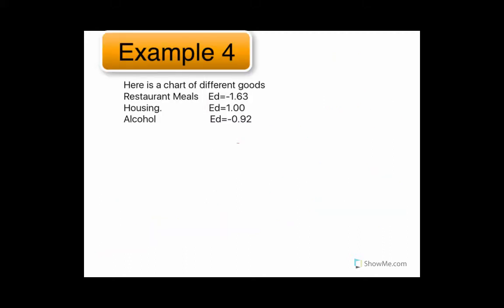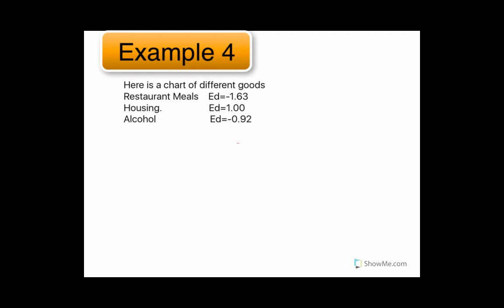Here we're going to take a look at this little chart. This is actually real world examples. As you can see, the restaurant meals elasticity of demand is -1.63. So that's fairly elastic. For every 1% change, there's going to be a 1.63% change in quantity demanded. Now looking at houses, we can see that there's a 1% change in quantity demanded for every 1% change in price. So that would be considered unit elastic.